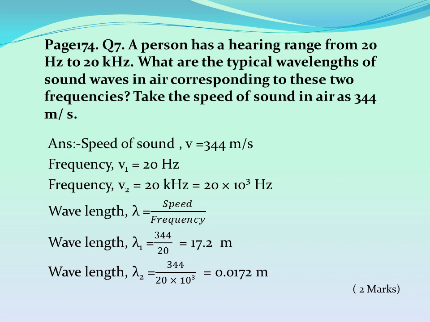Wavelength lambda 1 equals 344 by 20 equals 17.2 meter. Wavelength lambda 2 equals 344 by 20 into 10 raised to 3 equals 0.0172 meter.